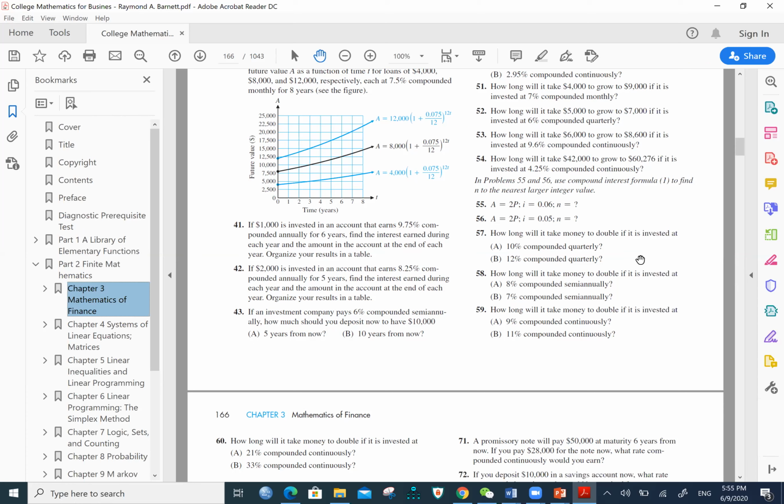Okay, one student is saying compound, one is saying annuity. Who should we believe? Do we have a third student to get the vote?